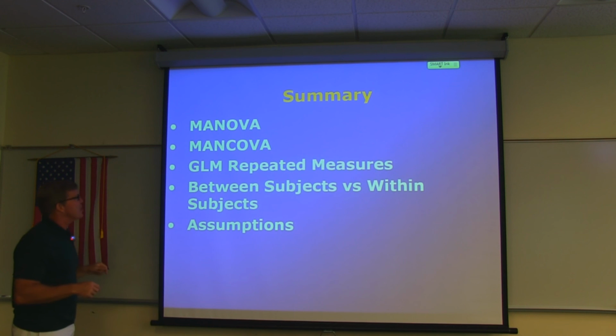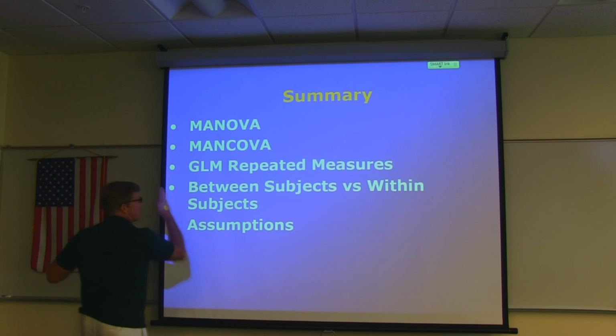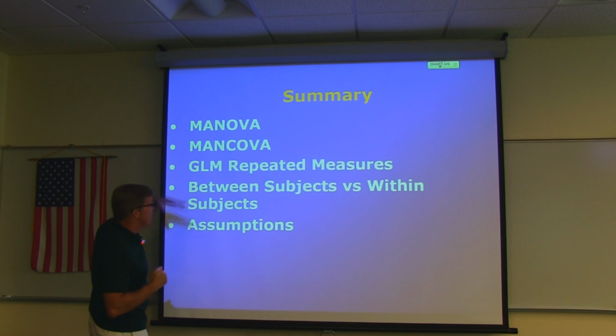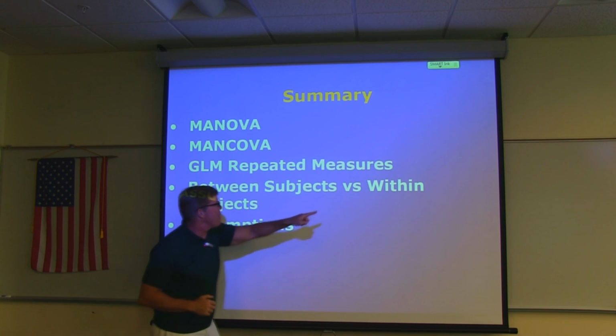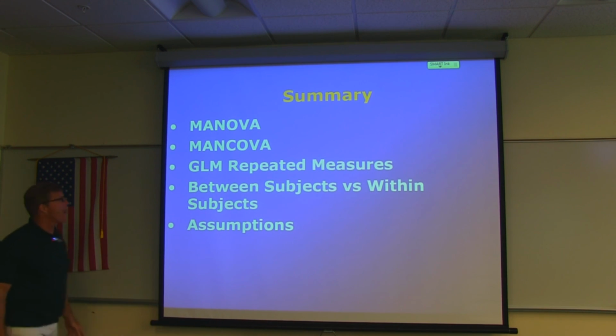This presentation talked a little bit about repeated measures, just the extension of the correlated t, paired t, or dependent sample t, between subjects versus within subjects, variation between groups, variation within groups, and the assumptions for MANOVA.